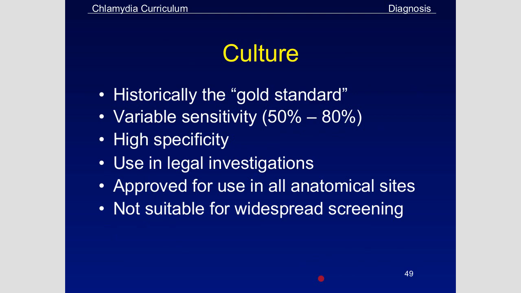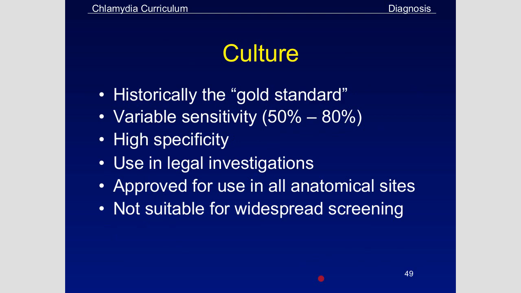But this test, especially in terms of rape, sexual abuse, or any other litigation or legal investigation, is approved for use in all anatomical sites. The reason being, as I said earlier, sexual preferences of the people: if they are able to pick up that particular organism from the rectum, vagina, oral, whatever, it will give you a positive test.